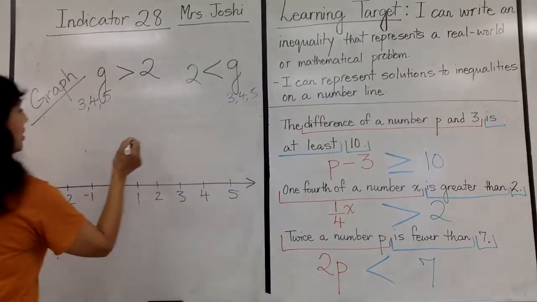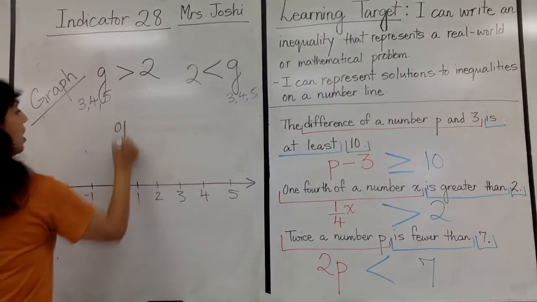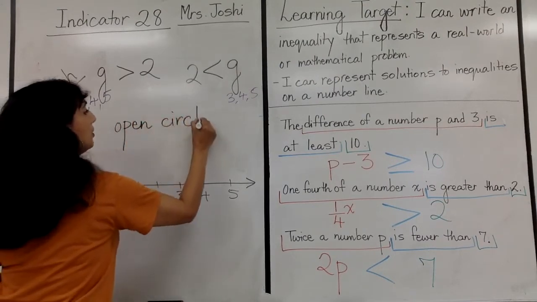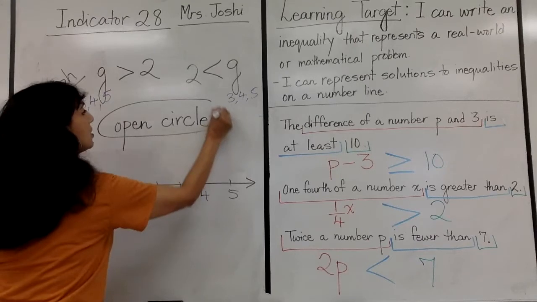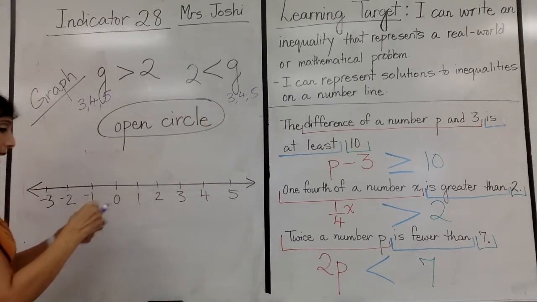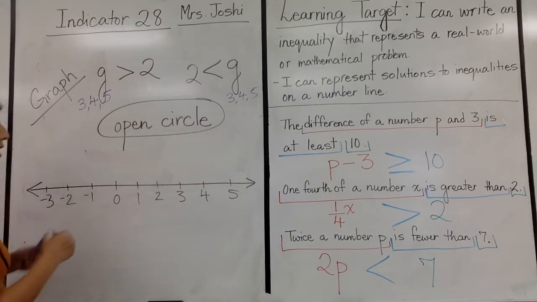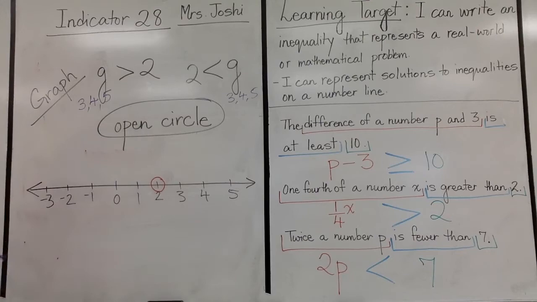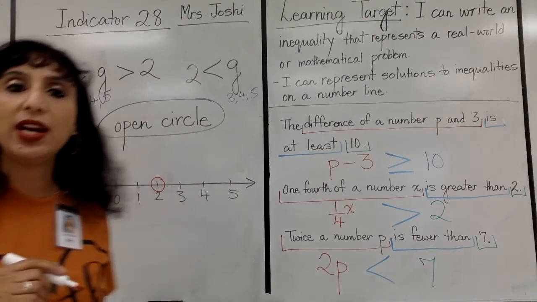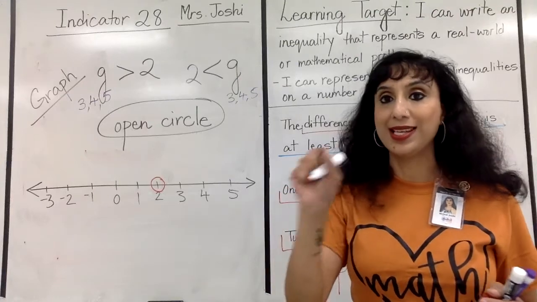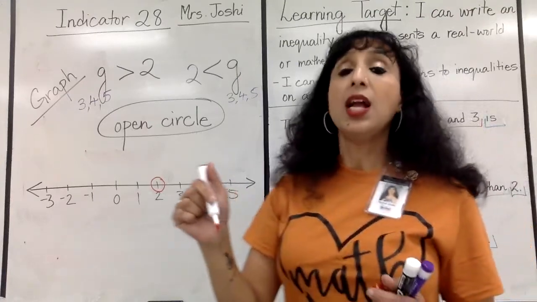So when it is not included, you are going to make an open circle. So I'm going to go to 2 and make an open circle like this. Don't color it in or it will be completely wrong. It's an open circle because there's nothing inside that circle.